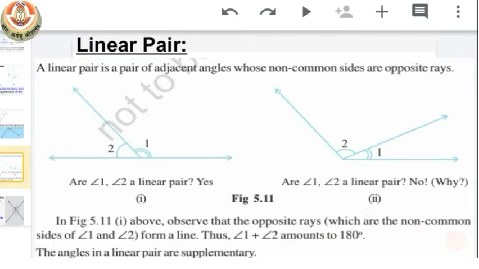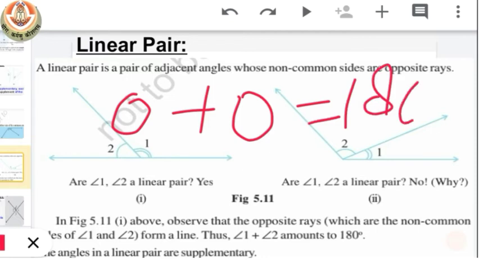So indirectly, a linear pair means a group of two angles which, when we add them, give a sum of 180 degrees. Here you can see when we add angle 2 and angle 1, we get 180 because together they make a straight line, which means 180 degrees.